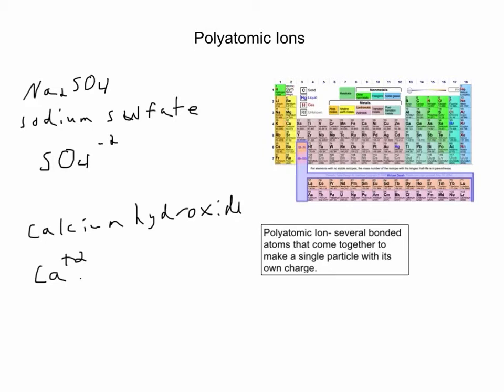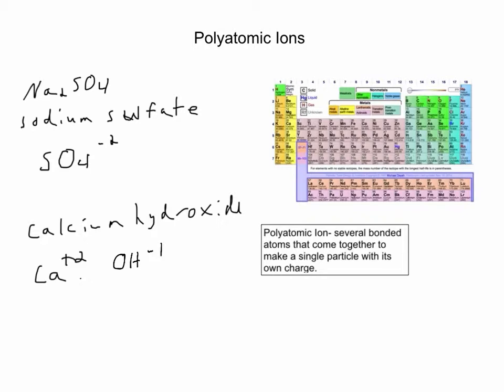We don't need to indicate what its charge is. And hydroxide is OH -1. Many of these polyatomic ions you're going to see over and over again, but what I'll give you in class is a chart that you can refer to with the names and charges of these ions, so don't worry about memorizing them.